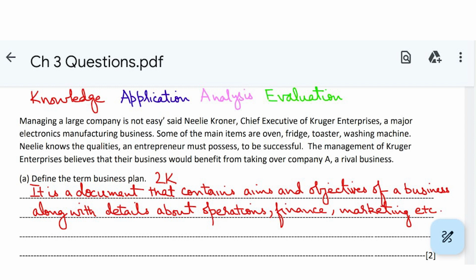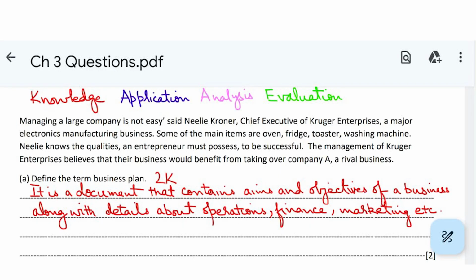Neely knows the qualities an entrepreneur must possess to be successful. The management of Kroger Enterprises believes that their business would benefit from taking over Company A, a rival business. Now, this is the information, and you need to keep it in your mind because you have to use it to demonstrate application.